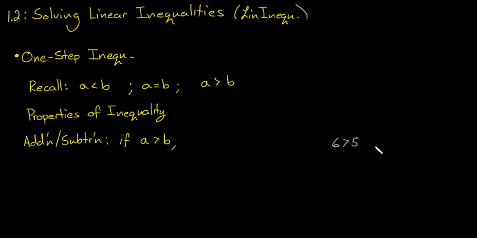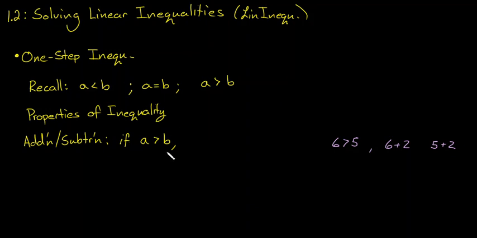What if I did 6 plus 2 and compared it to 5 plus 2 now? They're the same, right? It stayed the same. Would it have worked if instead of adding 2 to each side, I subtracted it? Yeah, it's still the same.